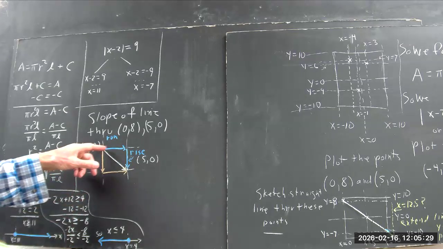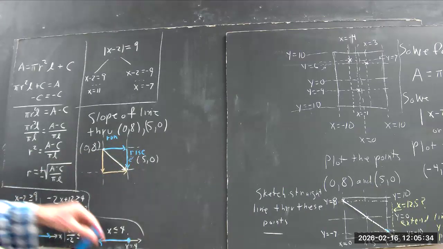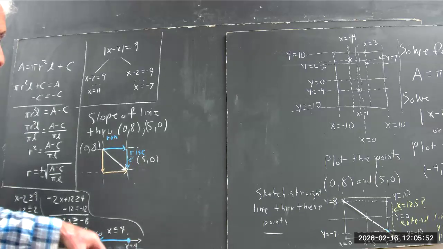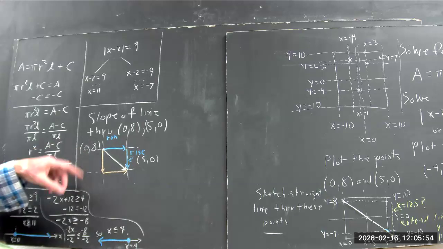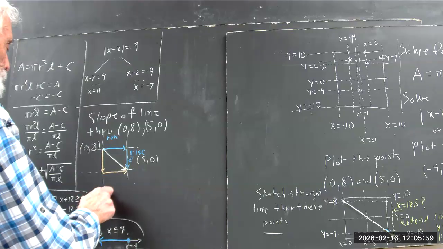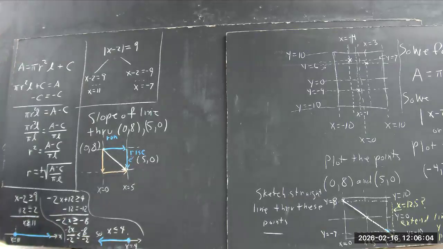Now, the run is an arrow. How long is that arrow? Can you show me with your fingers how long the run arrow is? Well, the run goes from the x equals 0 line to the x equals 5 line, doesn't it?